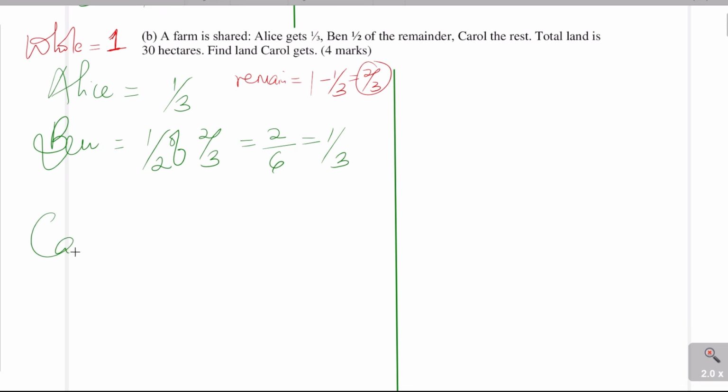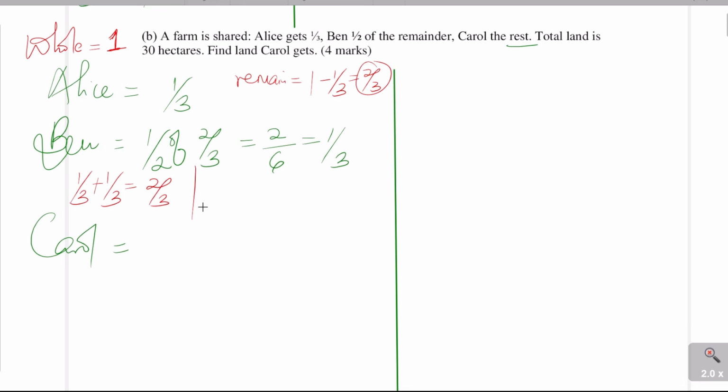Then Carol gets the rest, which is the rest after Alice and Ben. So let's see what Alice and Ben got. Alice got a third, then Ben got a third. When you add that, you get 2 thirds.